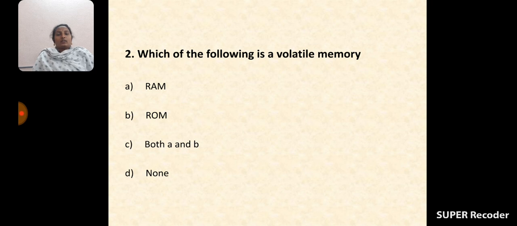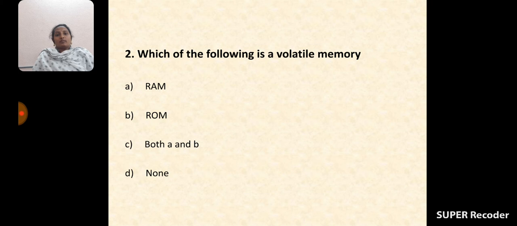Okay. And coming to RAM and ROM, RAM means random access memory, ROM means read only memory. In random access memory, the data may be entered and also received. Bidirectional operation is there. The data can be entered into the memory and received from the memory.